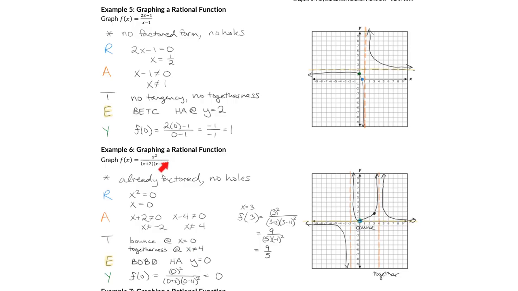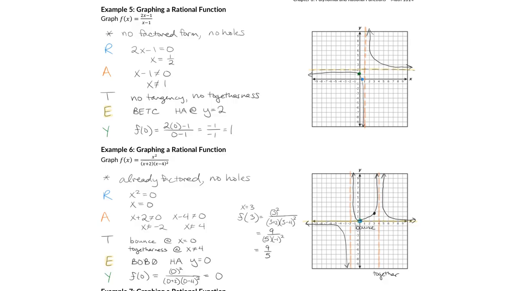This is the one that has the square, so that's the one with togetherness. Togetherness means the arrows need to go the same direction. Since when we were graphing it, this arrow went up, right on the other side of the vertical asymptote should also be going up because we wrote together next to that vertical asymptote. The other one, we did not write the word together, so we cannot put the arrow here. The arrow has to be at the bottom. So it tells me how the graph behaves on the very left side of the graph. Great question. Other questions?